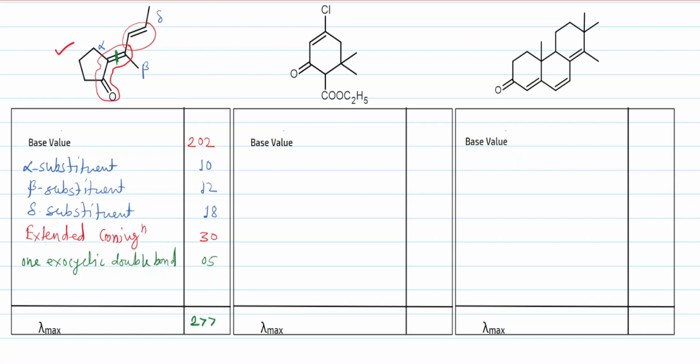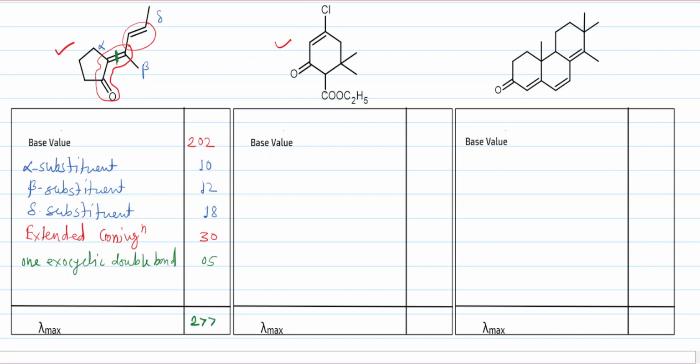Now, the next example has a 6-membered cyclic ring and the base value is 215 nanometer. Now, this is the enone system, and here the alpha substituent is absent but the beta substituent is present.